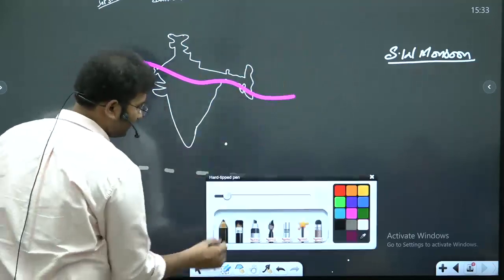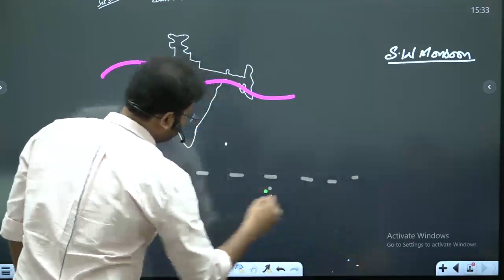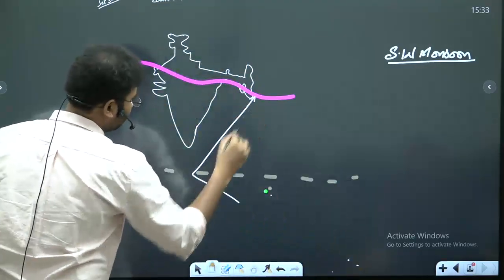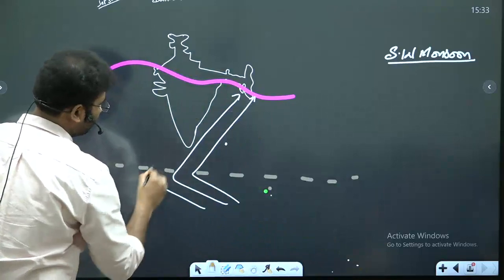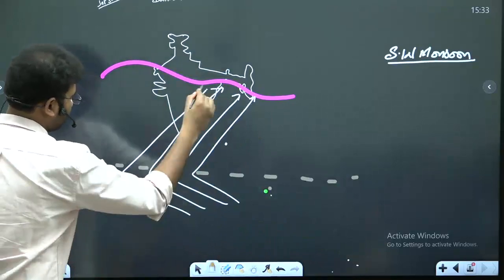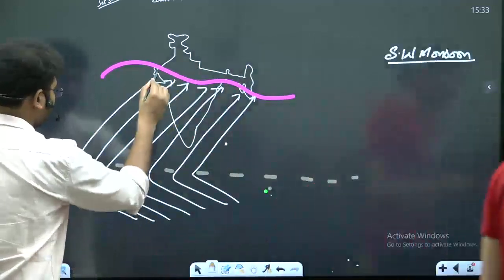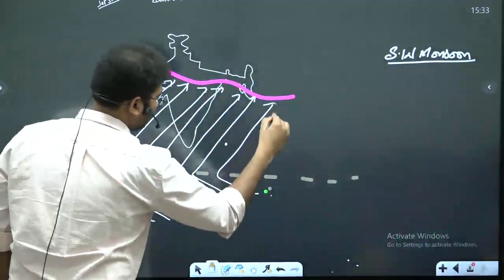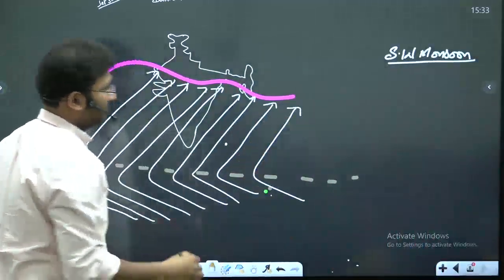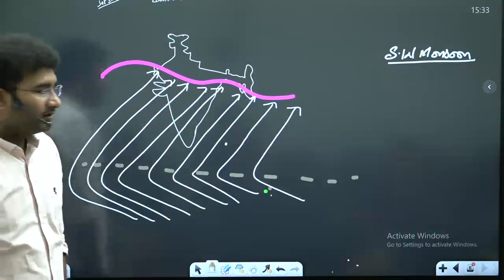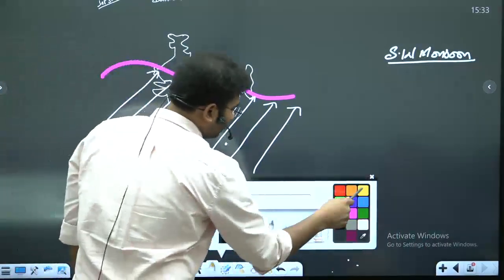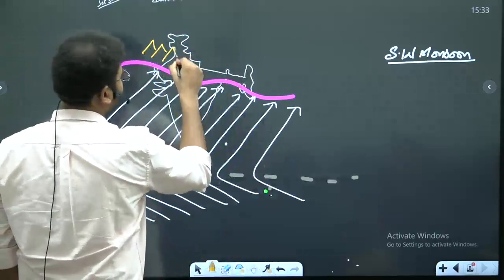Convectional rainfall and the southwest monsoon. देखिए, here you get to see the winds. Right. Now what about the jet stream here? Himalayas यहाँ पर है.